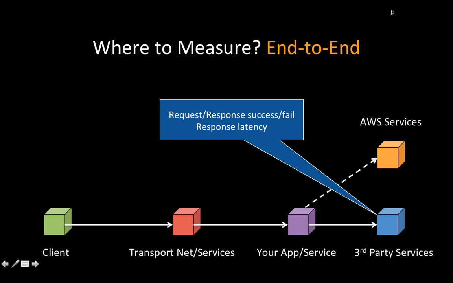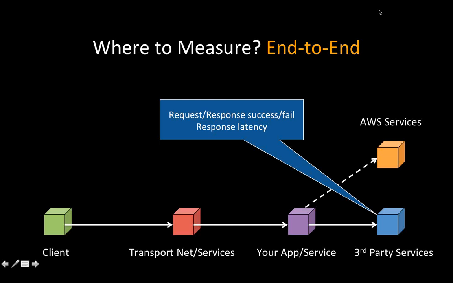Now next, let's take a look at the third-party services. So you are leveraging not only AWS services for things like compute, maybe databases, you are likely also using third-party services to implement other functionality that you need.